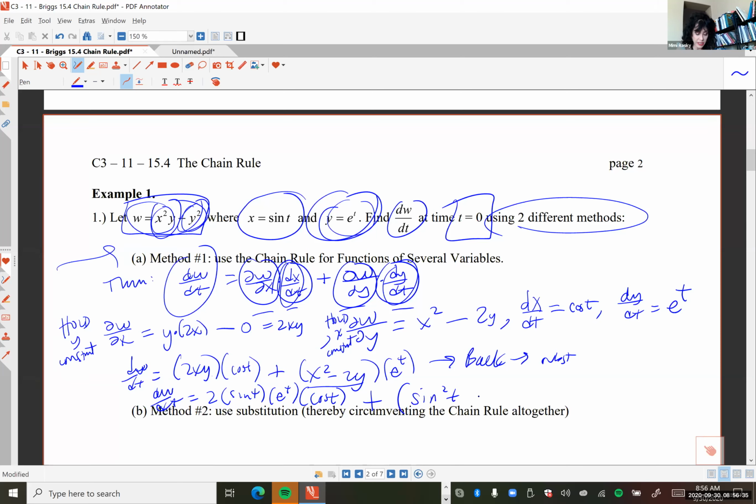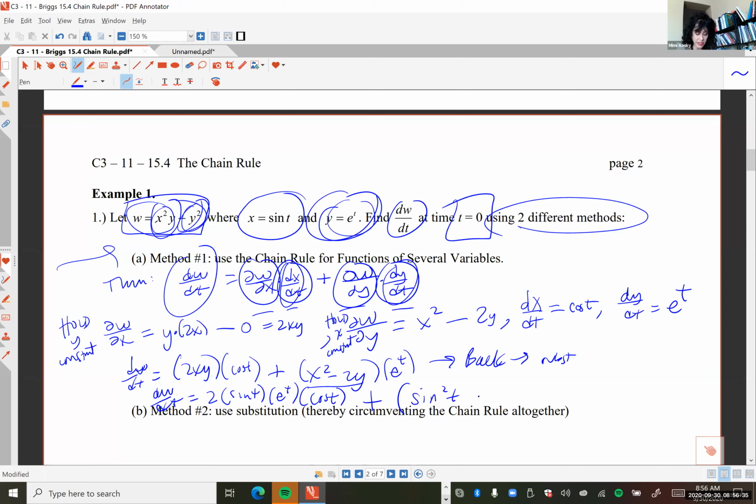I'm going to clean this up just a little bit, just because I can. If I rewrite some stuff here, this looks like 2 sine t cos t e to the t. If I distribute this e to the t over that difference, I'll have e to the t sine squared of t minus 2e to the 2t.